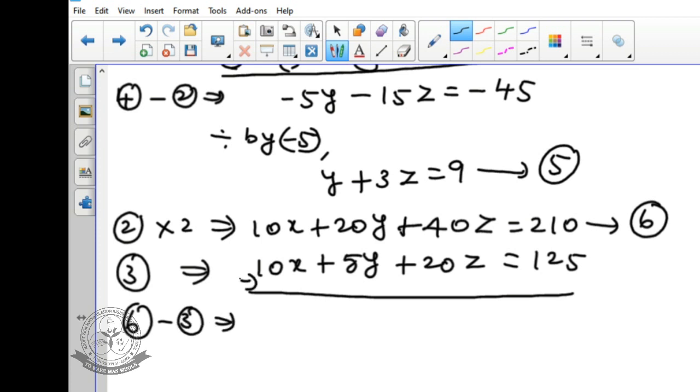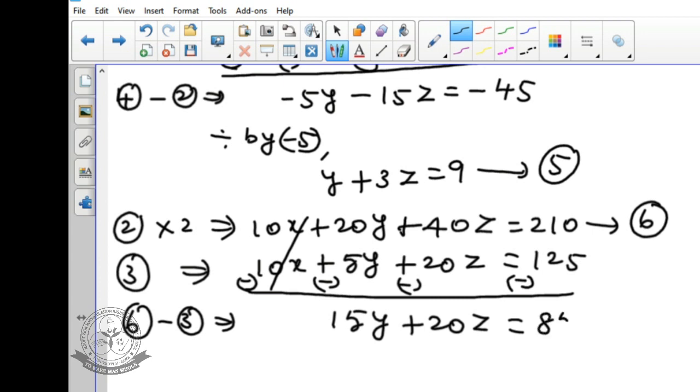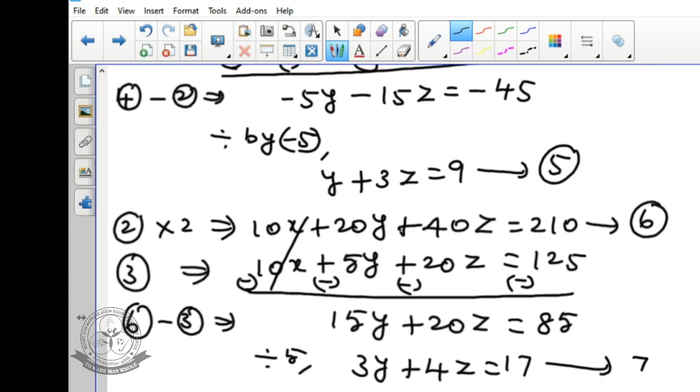We have to change the symbol. So 10x will be cancelled. 20 minus 5 is 15y. 40 minus 20 is 20z, equal to 210 minus 125, that is 85. This one we can divide by 5. So we get 3y plus 4z equal to 17. That is equation number 7.